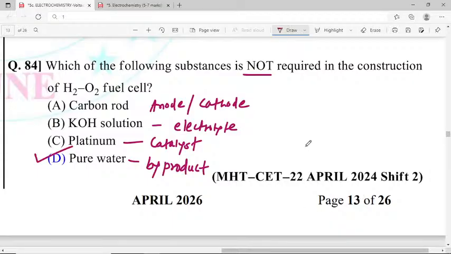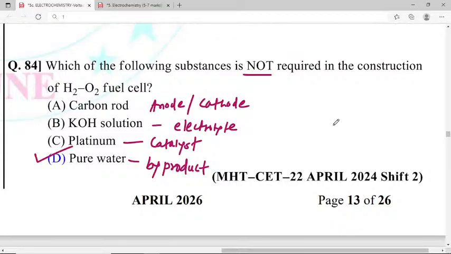Get it? I think there is no language problem. I think this is a straightforward question. Which of the following substances is not required in the construction of H2O2 fuel cell? Carbon rod, anode and cathode both are made up from carbon rod.